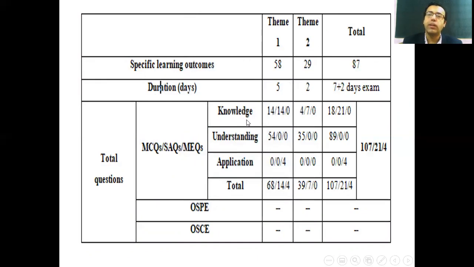So the types of question here: MCQ, short answer, and modified essay questions. Knowledge: 14 MCQs, 14 short answer questions. But here, 4 MCQs, 7 short answer questions.